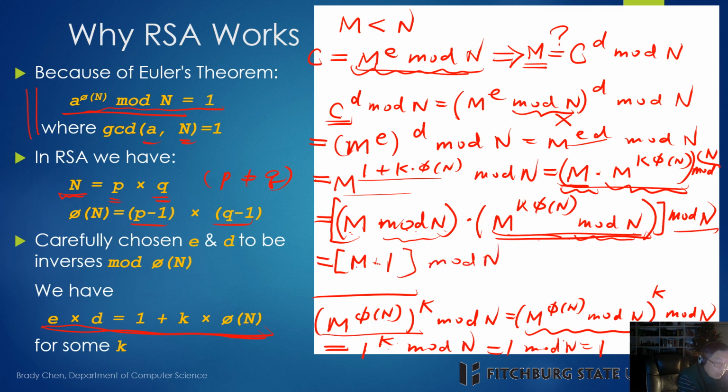So m times 1, that's 1m. So it's m. So we prove that this c to the d mod n is actually m. So that's why once we select m, n, and once we select key e, and once we select another key d, then the encryption and decryption can be calculated very easily.